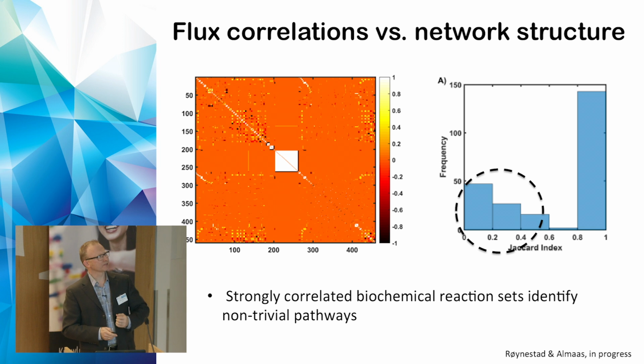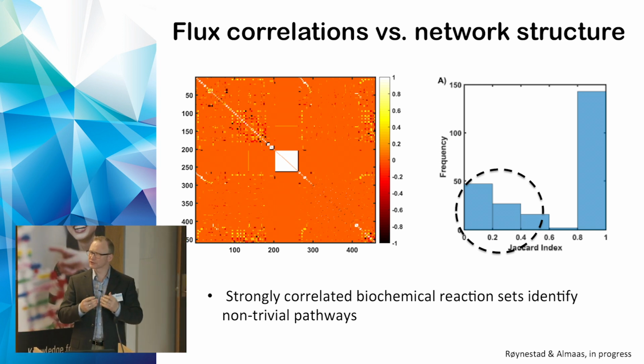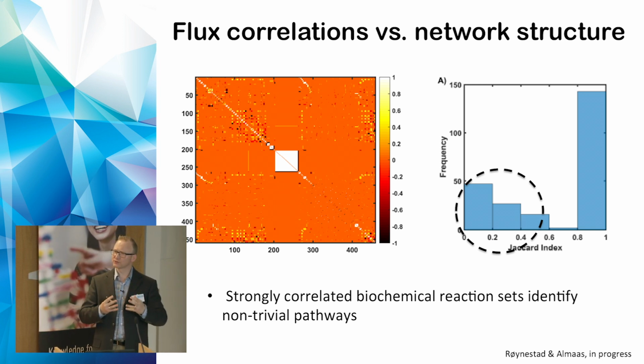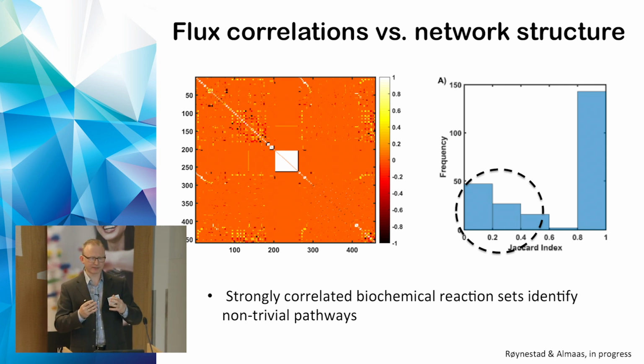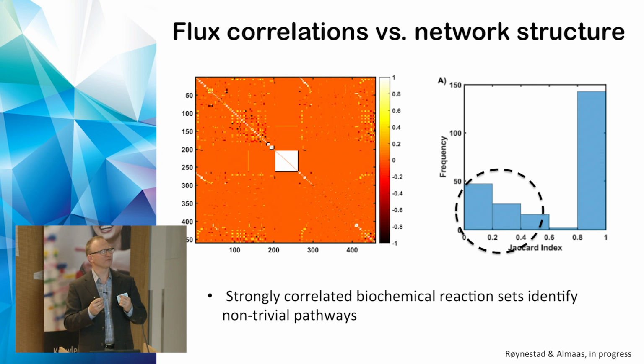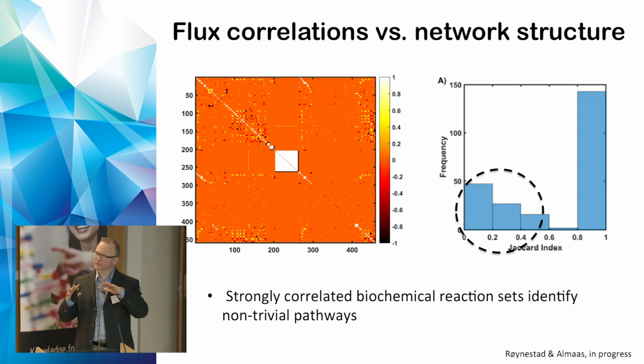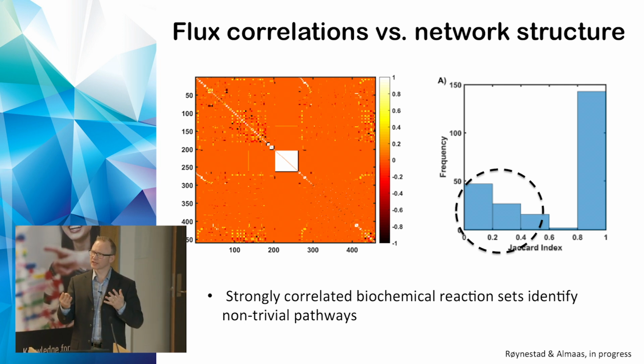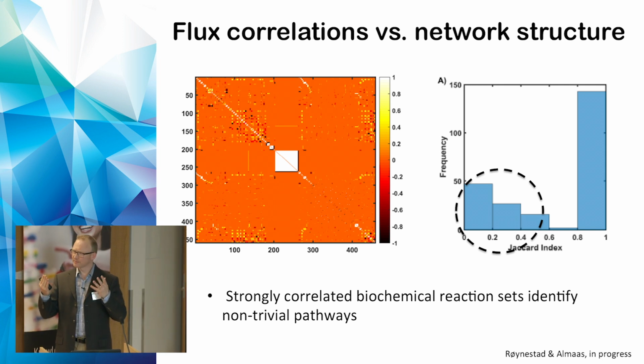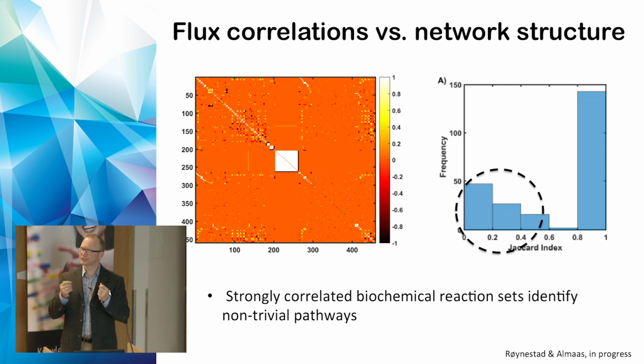And we can also look at these correlations between fluxes in the system and relate that to the different turnover numbers that we use. And we see that there is a certain pattern of behavior that the network enforces by itself. So this plot shows something called the Jaccard Index, which is a measure of similarity between two sets.